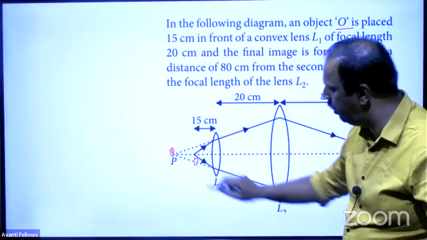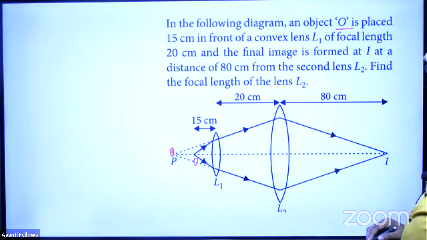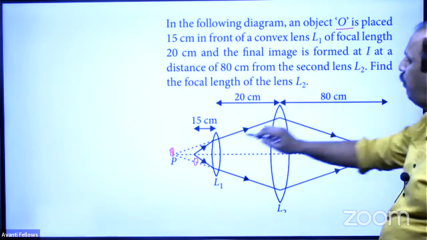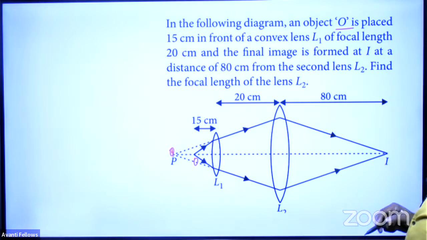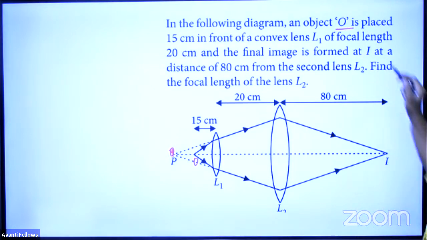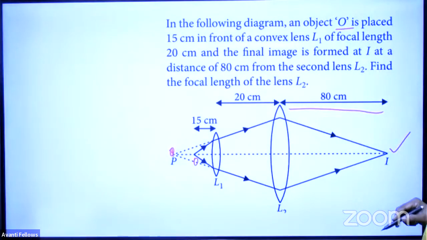This is O. It is placed 15 centimeter from here, and the convex lens L1 has a focal length of 20 centimeter, and the final image is formed at I. Here is the final image at a distance of 80 centimeter from the second lens L2. Find the focal length of the lens L2.